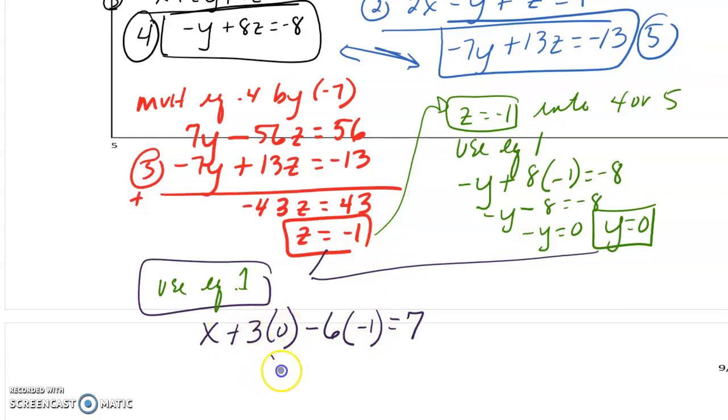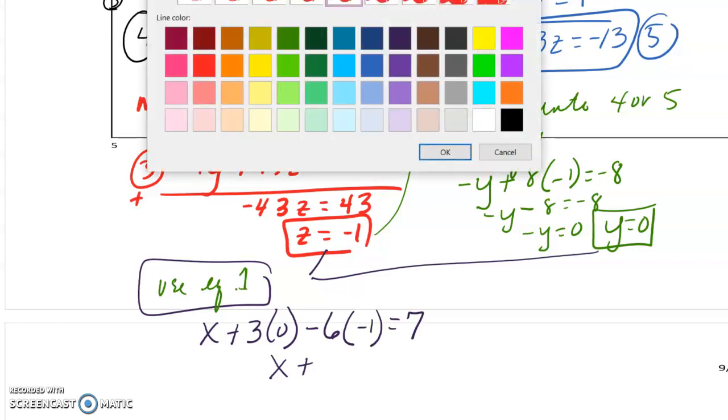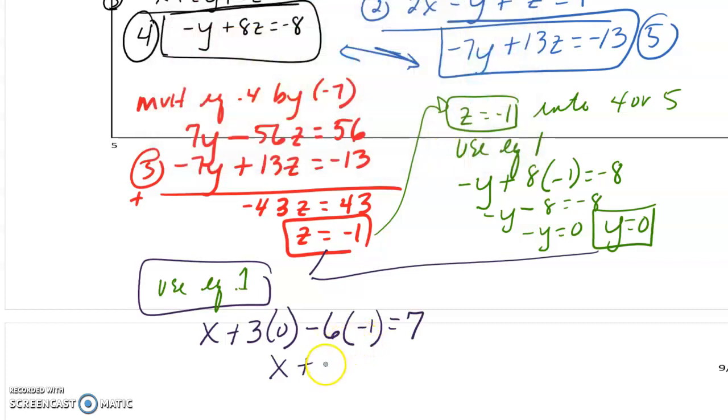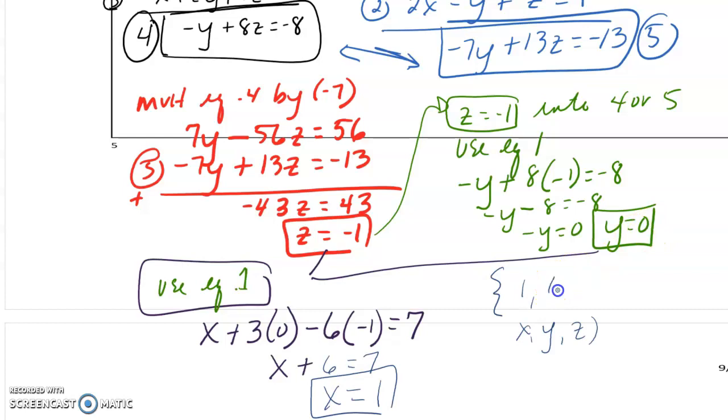I get 0 here, so x plus 6 equals 7. I'm going to subtract 6, so I get x equals 1. So these meet at a triple at one point, and remember it's x, y, z. So my x value is 1, my y value is 0, and my z value is negative 1.